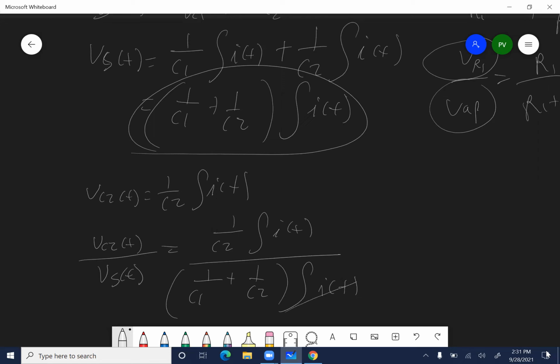Well, the first thing we should be able to see is those two will cancel out. So what we have now is 1 over C2 divided by, with a common denominator, C2 plus C1 over C1 times C2. Invert and multiply, I have C1 C2 over C2 times C1 plus C2. Cancels that out.